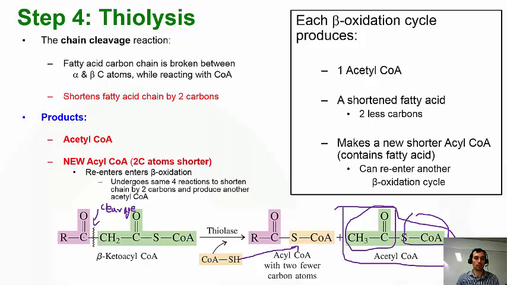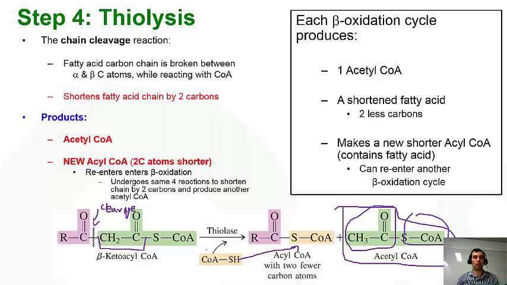the acyl chain. So essentially all we've done is removed these two carbons, which are now a part of the acetyl-CoA that's been removed, and we've now regenerated our acyl-CoA with two less carbons.